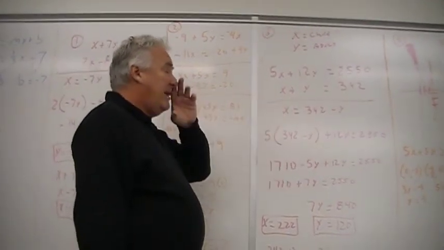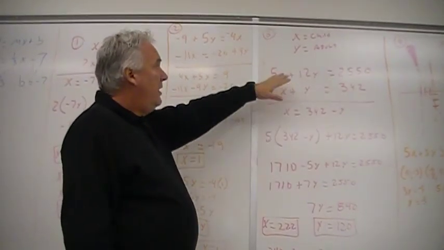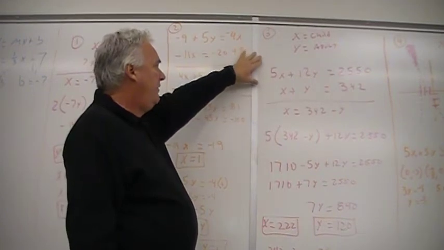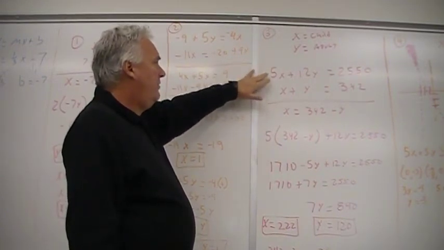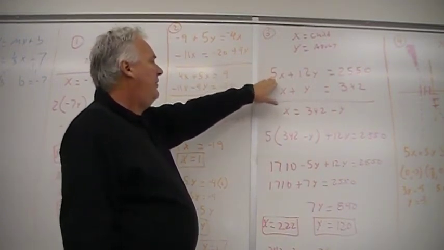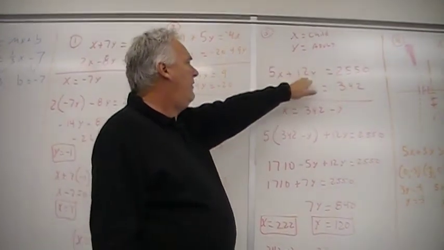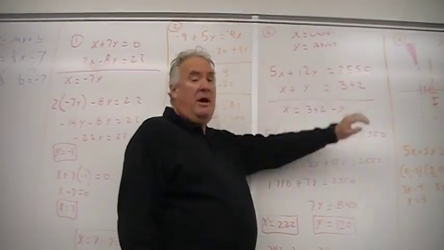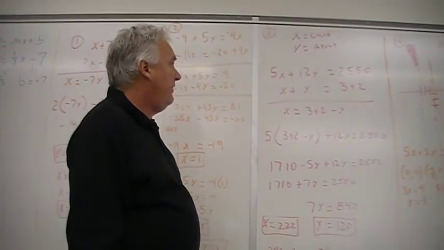You also have a couple of word problems where you are identifying what you need to find, creating the two equations. $5 for children's tickets, $12 for adults, and they brought in $2,550.